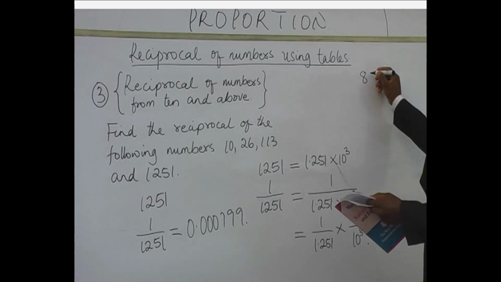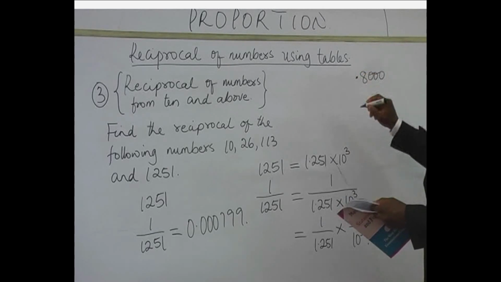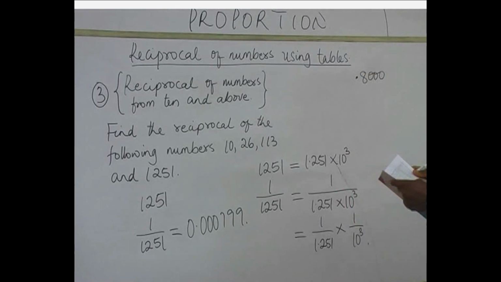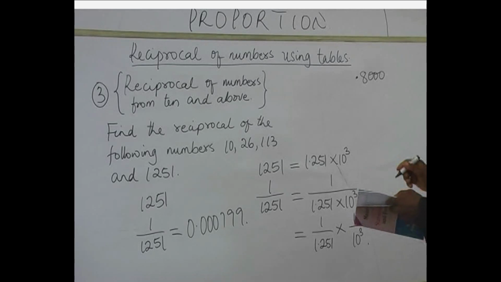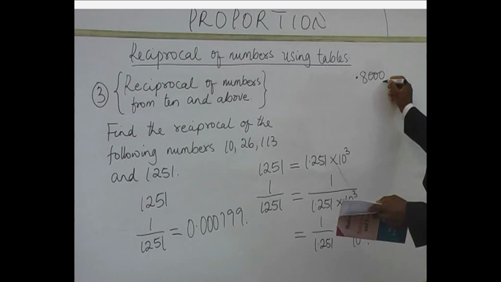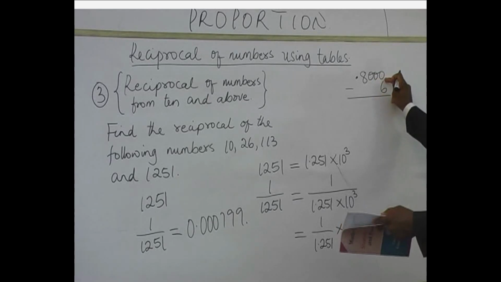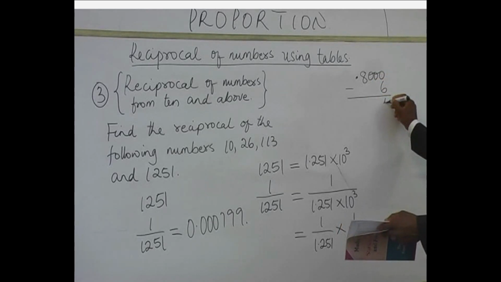So write 8,000. Remember, you have a decimal point here. Then difference 1. 12 under 5 difference 1 is giving us 6. So we're going to subtract 6 from this. Go to 1 from here, shift it, and get to this place. This is 10. 10 minus 6 is 4.